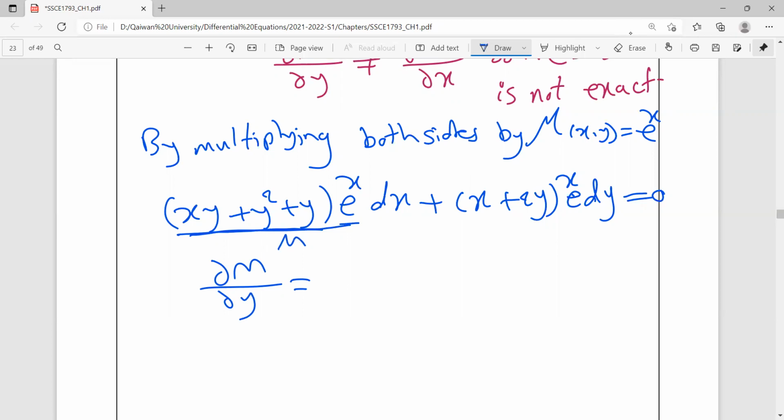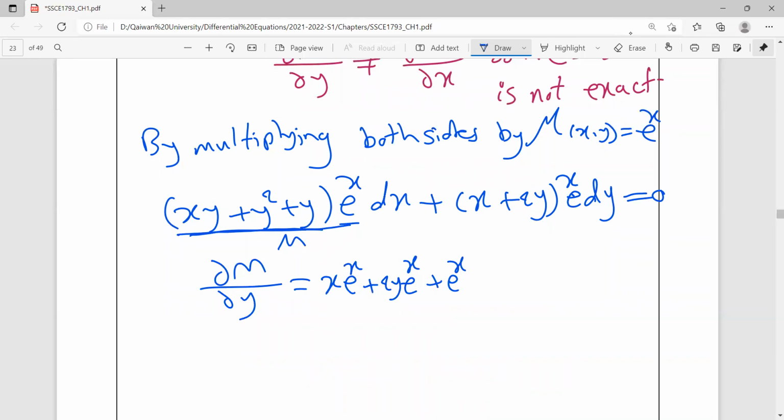Finding partial m by partial y, what we get? Here it's x e^x plus 2y e^x plus e^x.